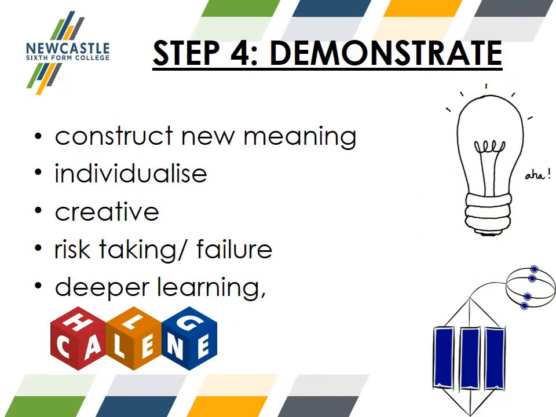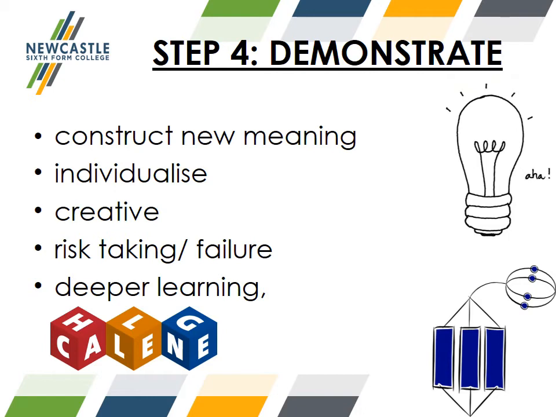The fourth step in the learning cycle is to demonstrate. There are similarities between this and activity, with some subtle differences. Even though there are links being made here, you could think about this as letting the students play about with it a bit, with more freedom to try and construct some new meaning.